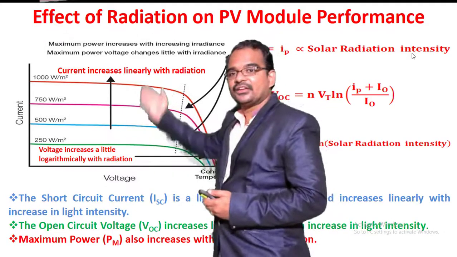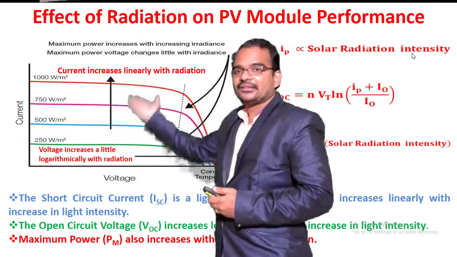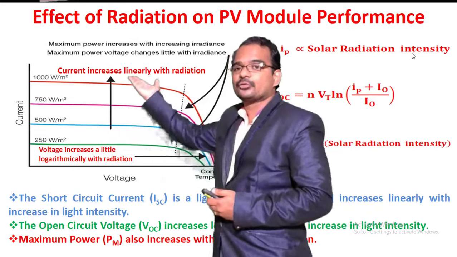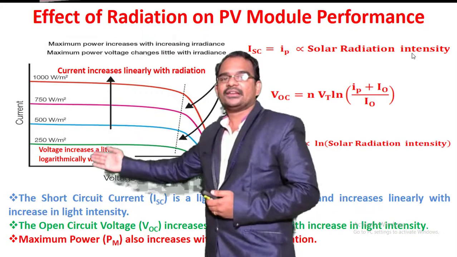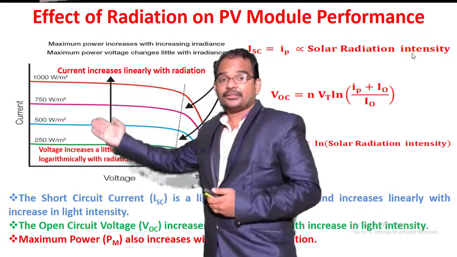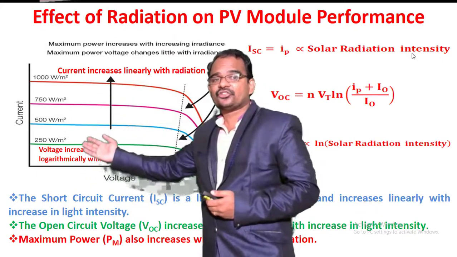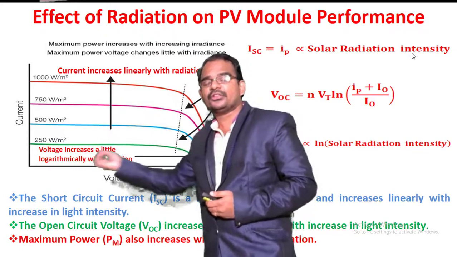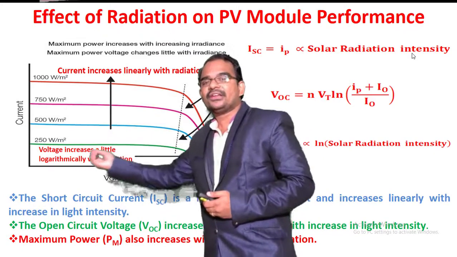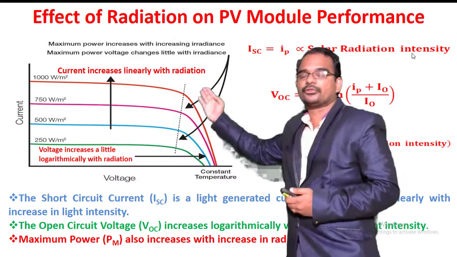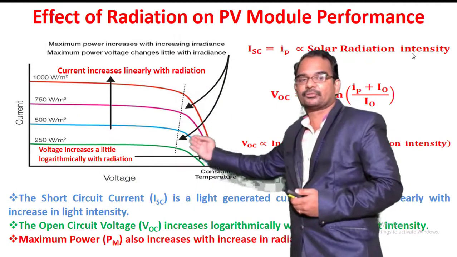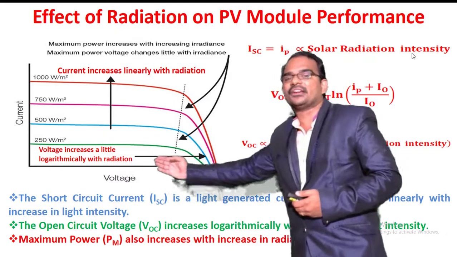As the solar radiation intensity increases, the current increases linearly with the solar radiation intensity. At the bottom you can see that the increase in solar radiation intensity will change the open circuit voltage logarithmically. That is, as the radiation decreases from 1000 watt per meter square to 750 watt per meter square, the voltage is slightly reduced.